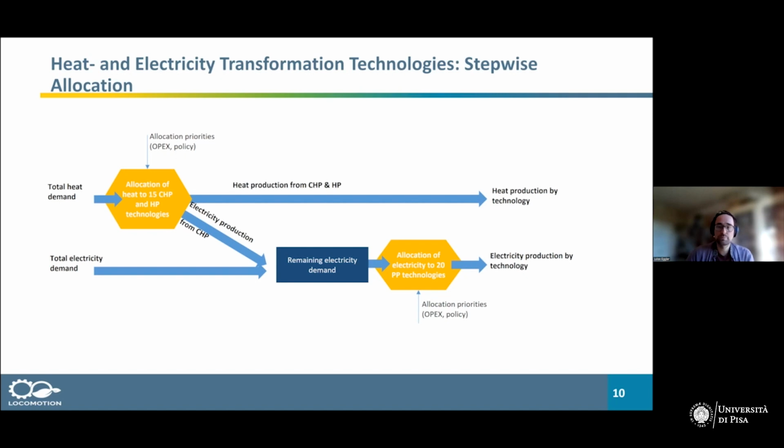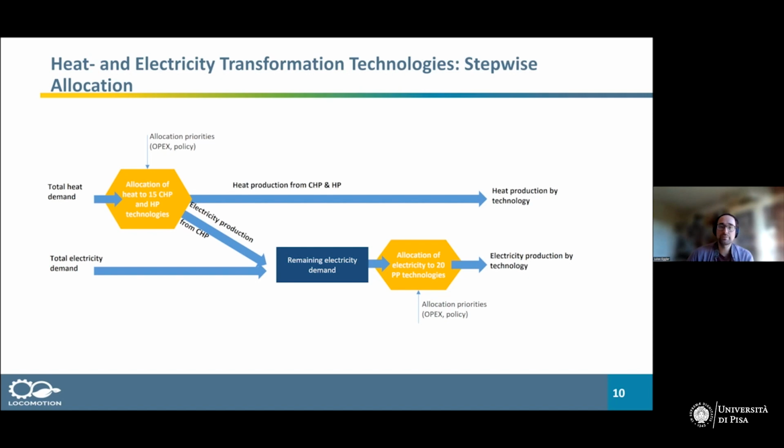And what is important here is the priority for allocation. This allocation in general influences a lot the short-term dynamic of the power system. And we use the operation expenditures as a signal to prioritize one technology above another. In these operating expenditures, we also take advantage that we have endogenized fuel prices for fossil fuels, at least in a model.